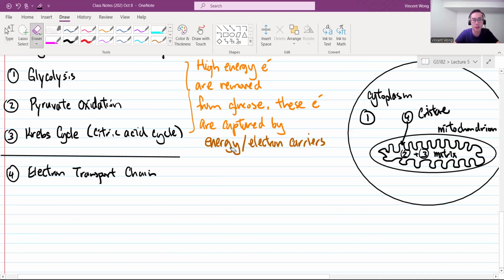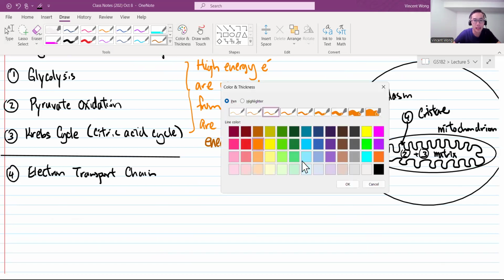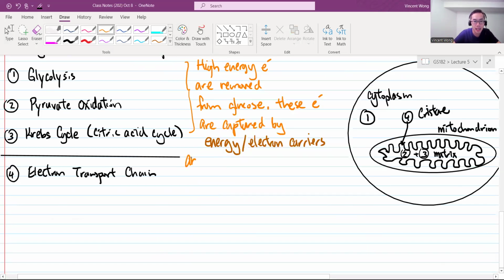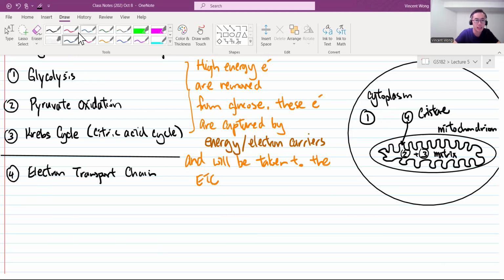So they are captured by energy or electron carriers and will be taken to the ETC. I forgot to mention, the short form for electron transport chain, because it's such a long name, is just ETC. Will be taken to the ETC for ATP production.